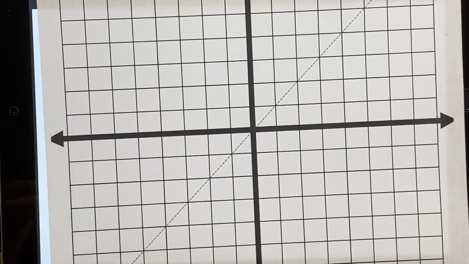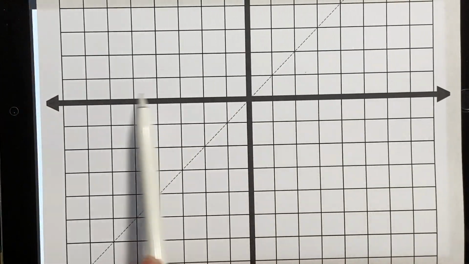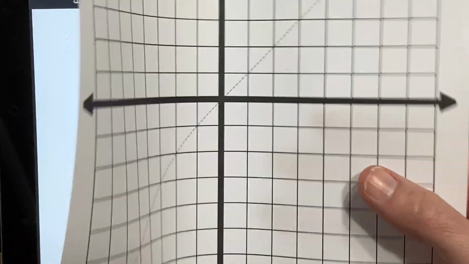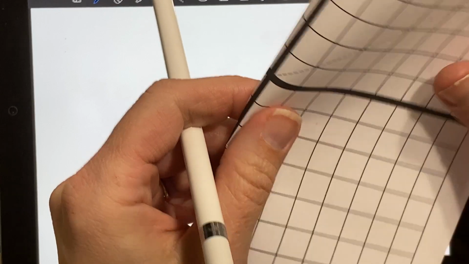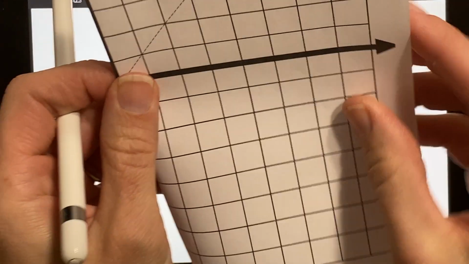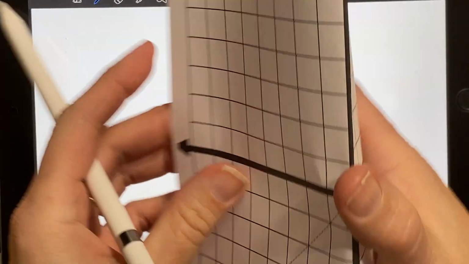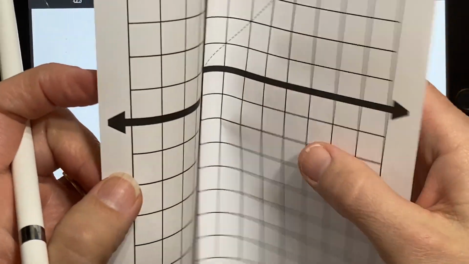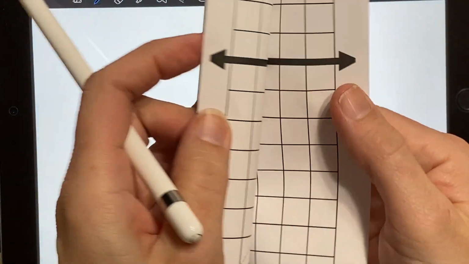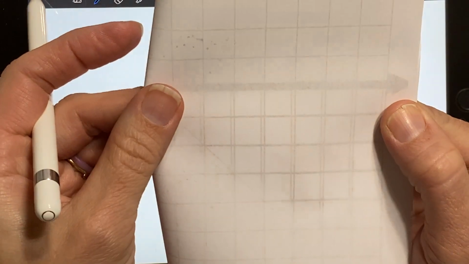So the thing that changes is that when we are dealing only with the number line, we are reflecting around our 0, so that our number line itself is lying on top of itself. Or we could fold it in half so that our number line is going to meet all the way there.